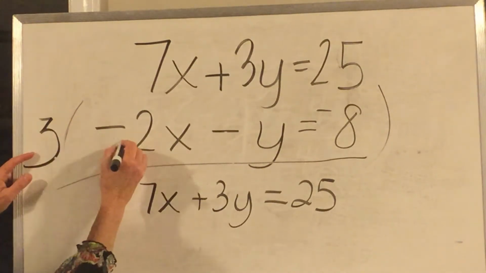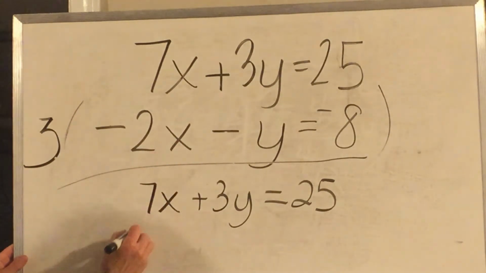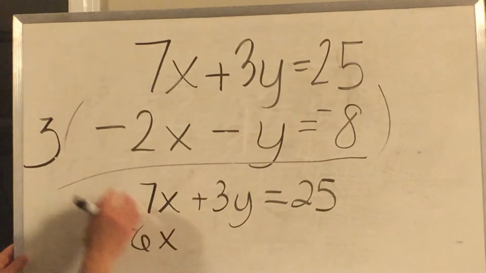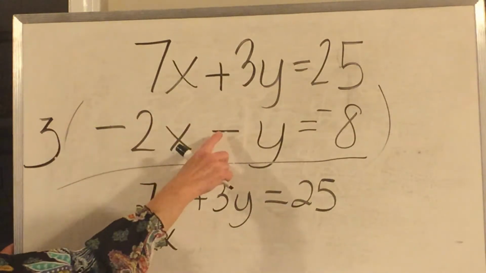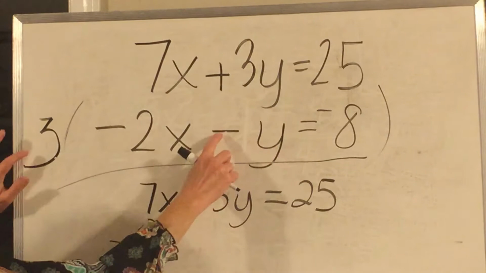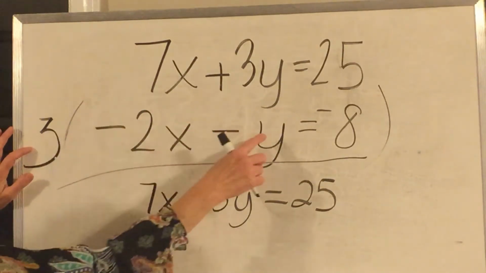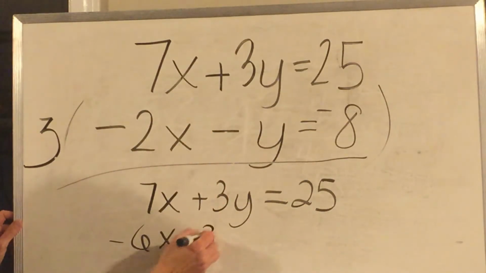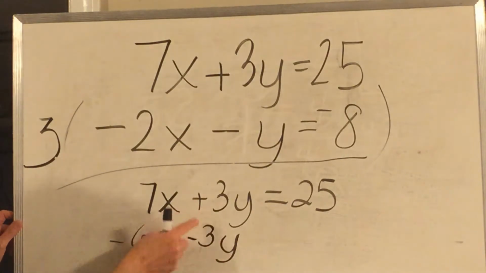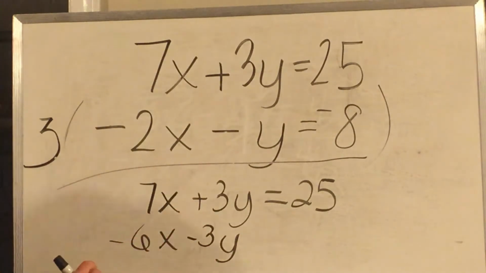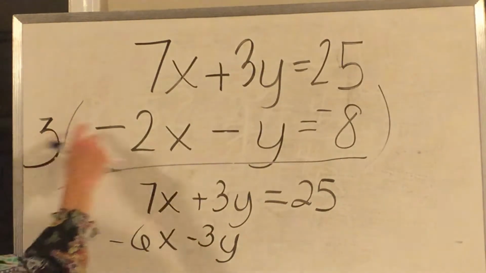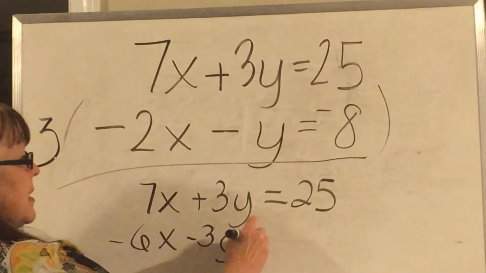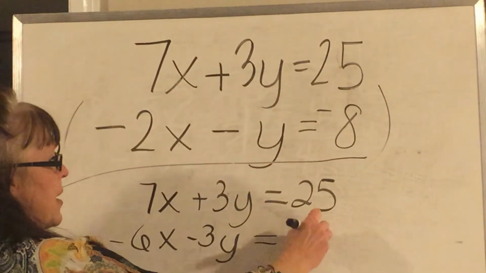So 3 times negative 2x is negative 6x. 3 times negative y is negative 3y. We did that on purpose, because we want opposites. And then 3 times negative 8 is negative 24.